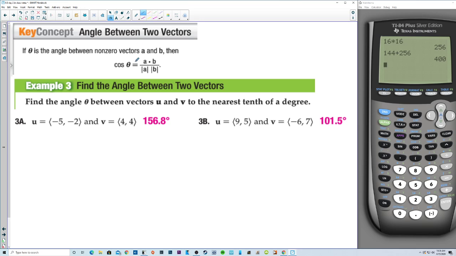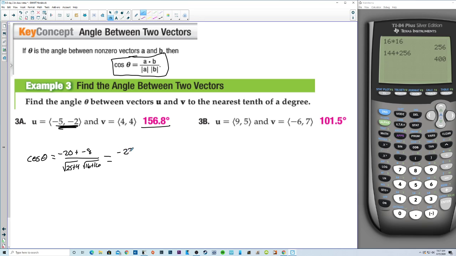Angle between two vectors, have this formula memorized. Cosine of theta is the dot product of A and B divided by the magnitude of A, magnitude of B. So I've left the answer here. Let's see if we can get this answer. We got the cosine of the angle is equal to the dot product between these two, which is negative 20 plus negative 8 over the square root of, Pythagorean theorem here, 25 plus 4, and square root of 16 plus 16.